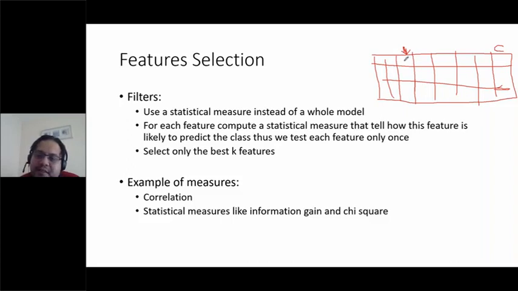Let's take the Batman example. This is mask, yes or no? Knowing this, do we have a good chance of predicting the class?